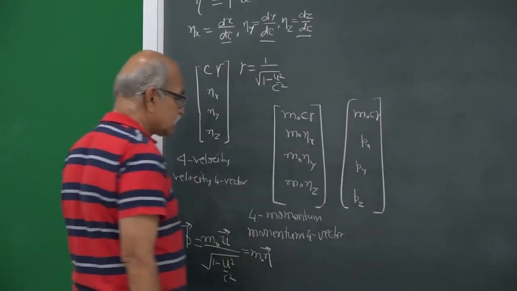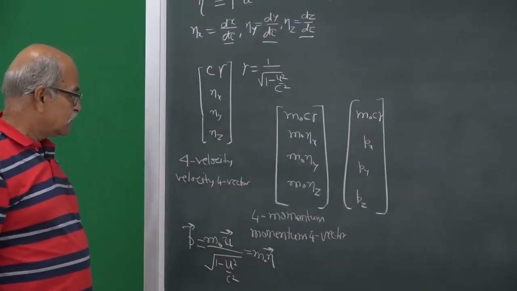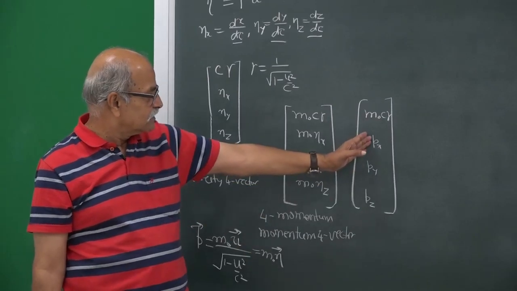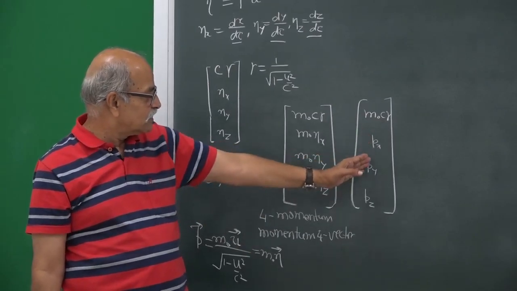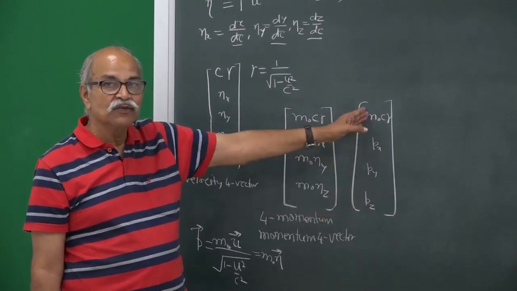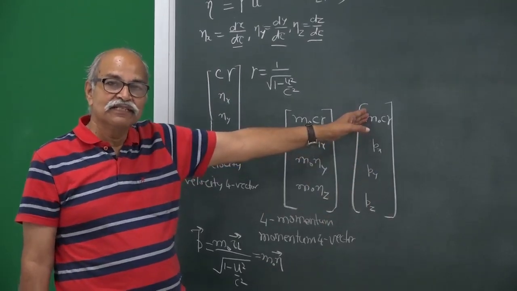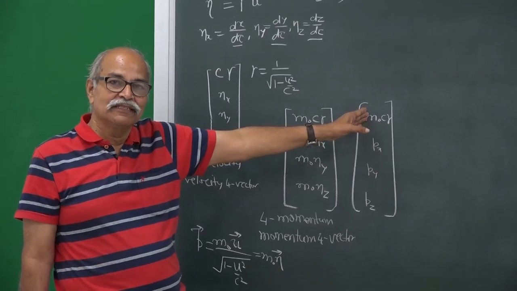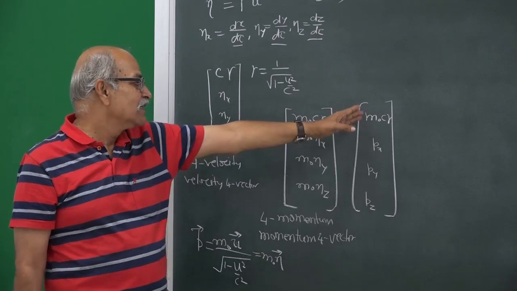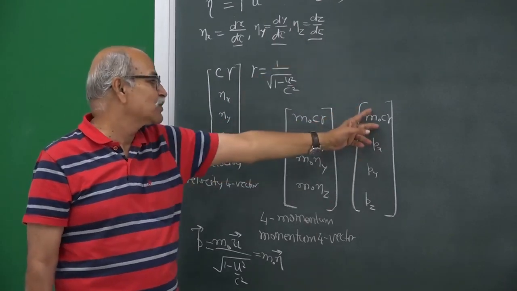And we asked the question at the end of the lecture: this we understand is linear momentum x component, y component, z component. What is this quantity? Is there a physical significance of this quantity? And yes, the physical significance is very much there, and today we will be talking about this quantity.